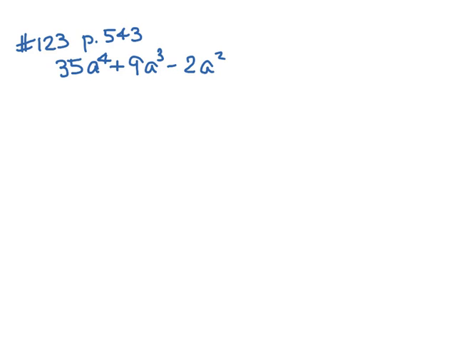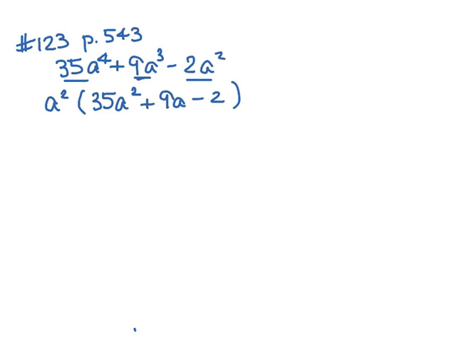Remember, the first thing we should check to see is whether or not we have any common factors among our three terms, and sure enough we do. Maybe not in our coefficients, but we can factor out an a squared. So let's just factor that out. We have a squared, and then we're left with 35a squared plus 9a minus 2. Well, now that looks like something we can work with.